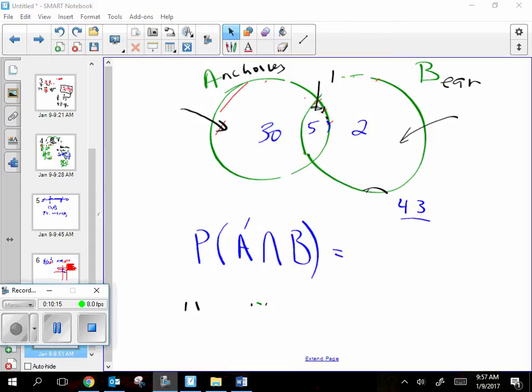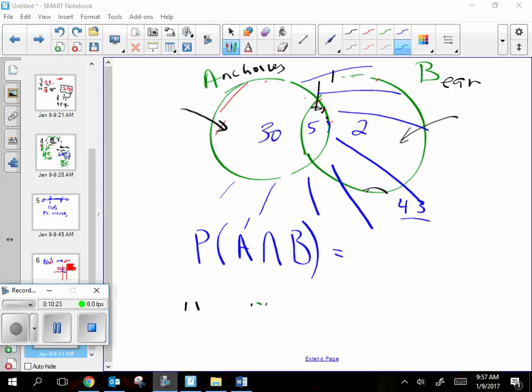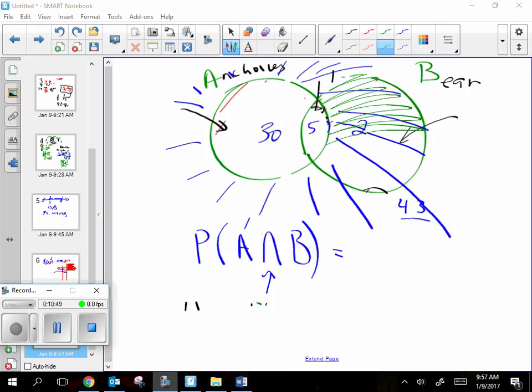Okay, so first of all, not A. Not A is everything that's not in there, which would be the 2 and the 43. So both the 2 and the 43 are in the not A. So that makes a total of 45 things. Now I've got to see where that intersects or overlaps with B. This is where it overlapped with B. Notice the 43 is not in there.